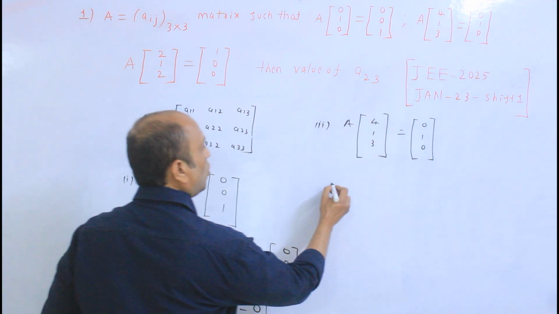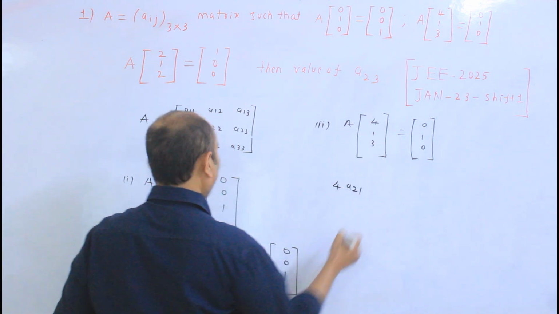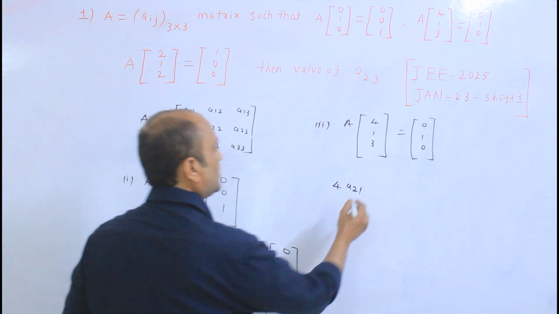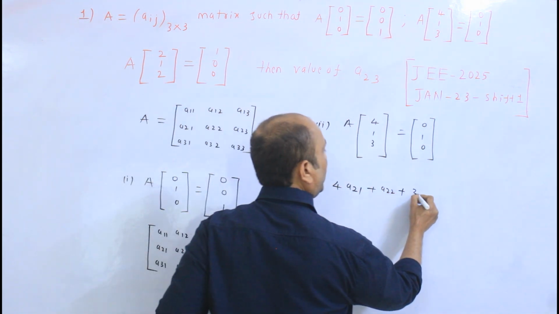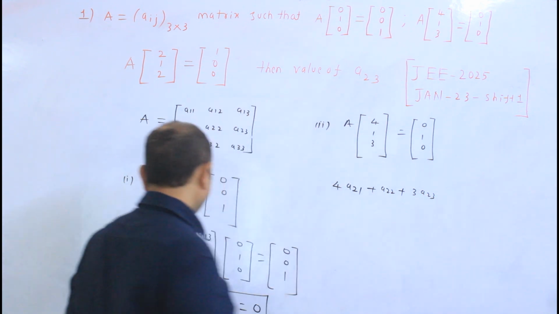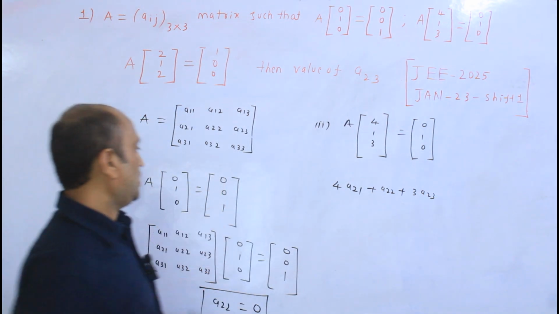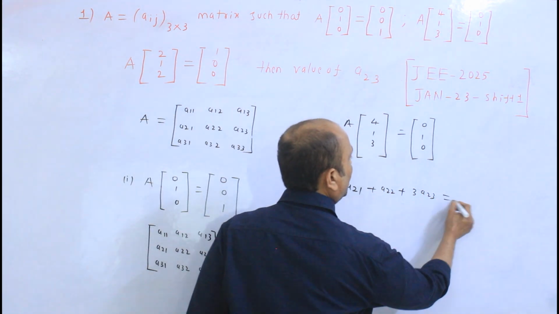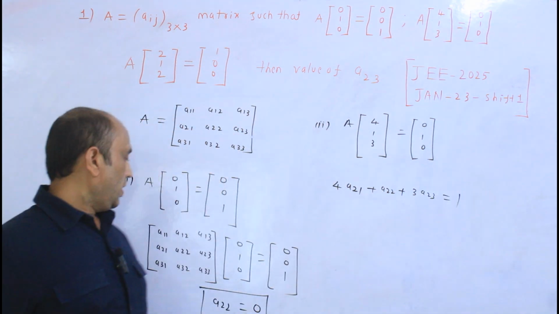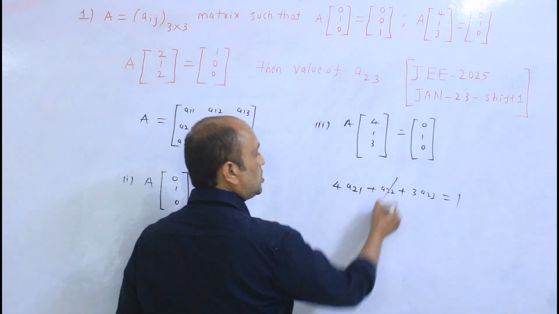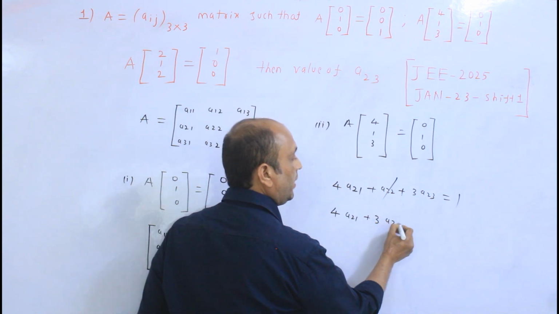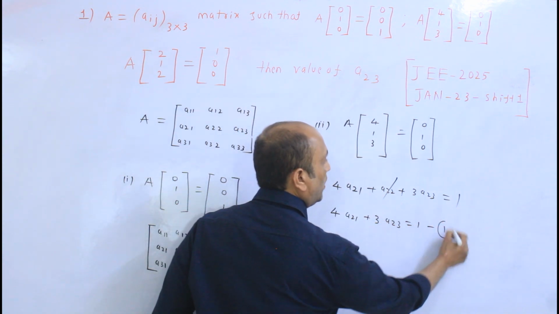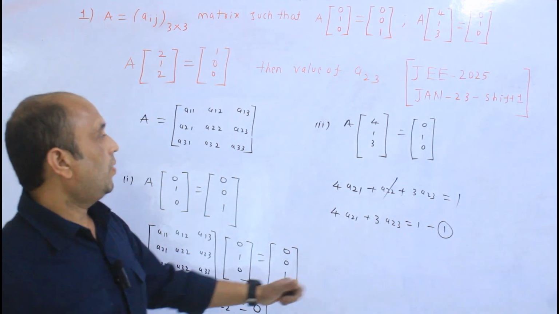So we will get 4A21 plus A22 plus 3A23 is equal to 1. But already we know that A22 equal to 0. So 4A21 plus 3A23 equal to 1. That is equation number 1.